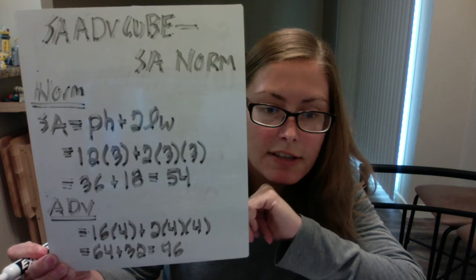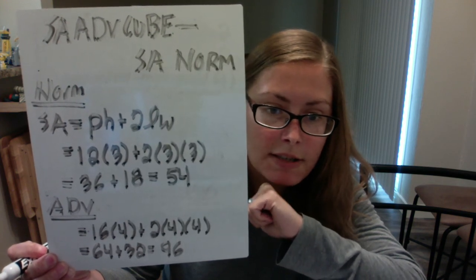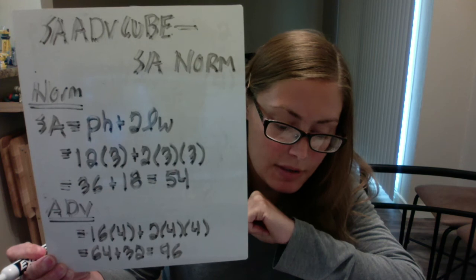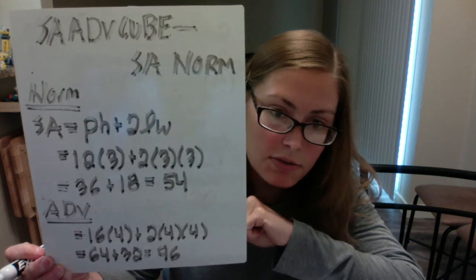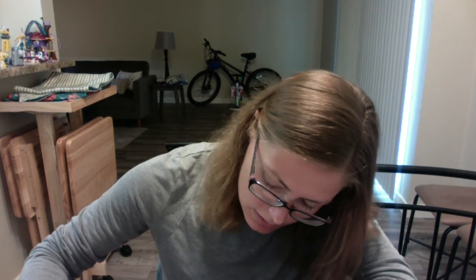To find our final answer, we need to do 96 minus 54, which is 42 units squared. So that's our final answer, 42 units squared.